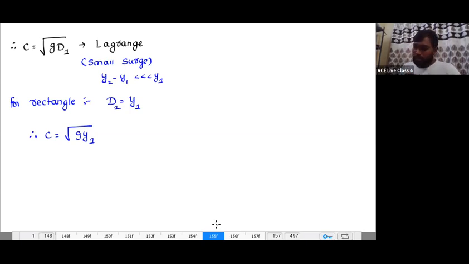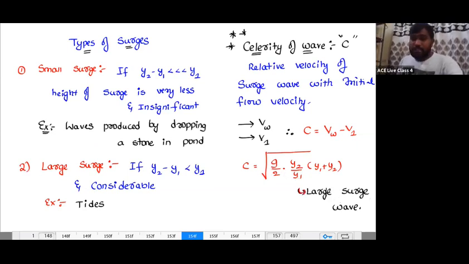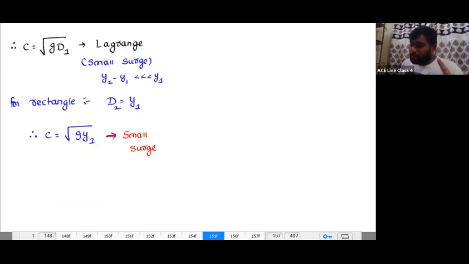Now, root of g y1. So this is for the small surge. In the large surge wave, just see the same equation. In small surge, I am taking y1 and y2 both as almost the same, because y2 minus y1 is very, very much less than y1, so insignificant.